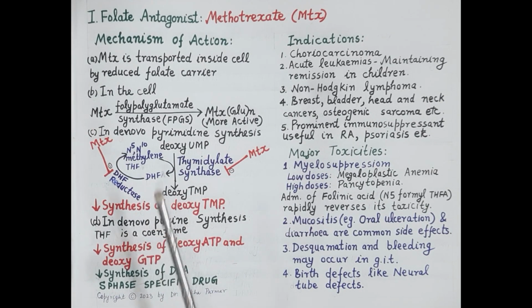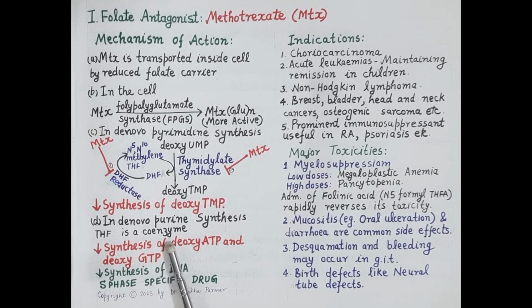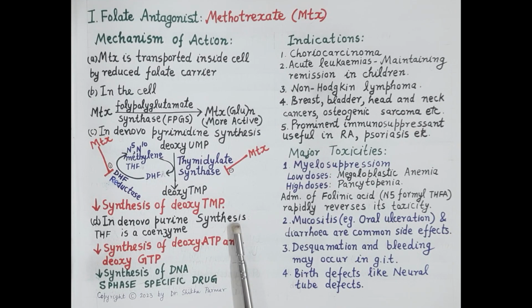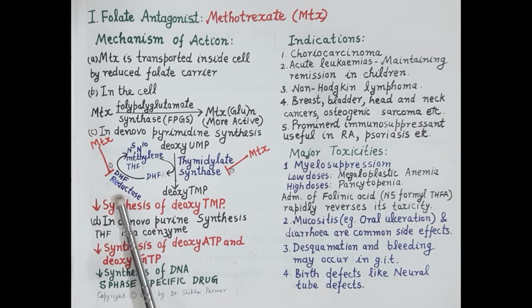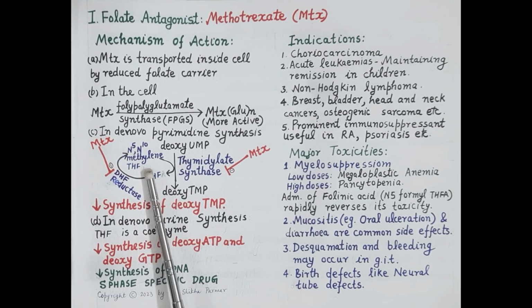Now, besides acting as a cofactor, this N5N10 methylene tetrahydrofolate also acts as a coenzyme during de novo purine synthesis. Now, methotrexate, by inhibiting the enzyme dihydrofolate reductase, prevents the regeneration of N5N10 methylene tetrahydrofolate.